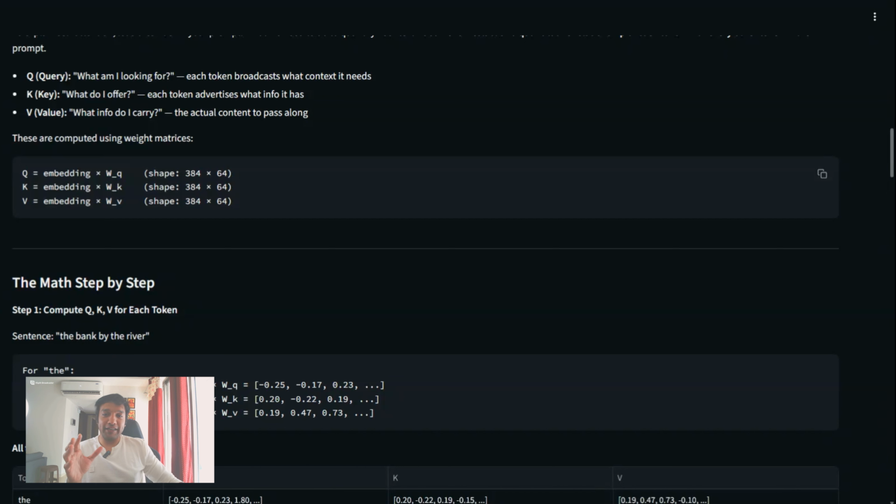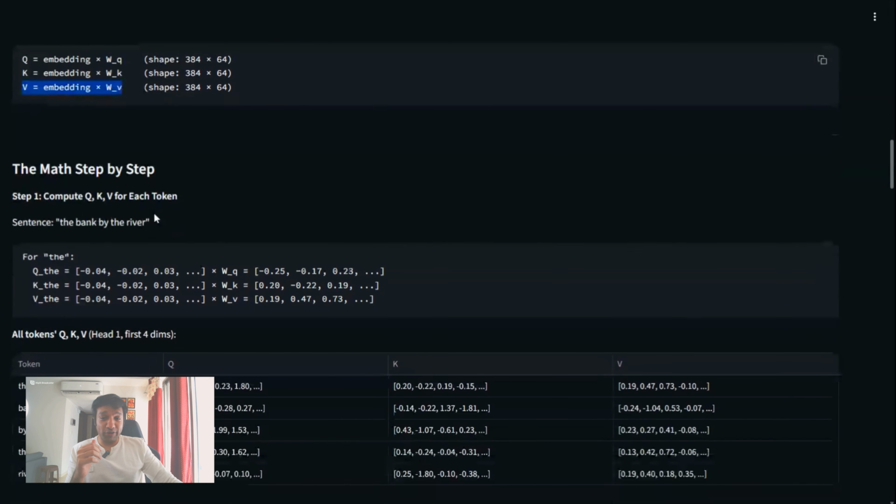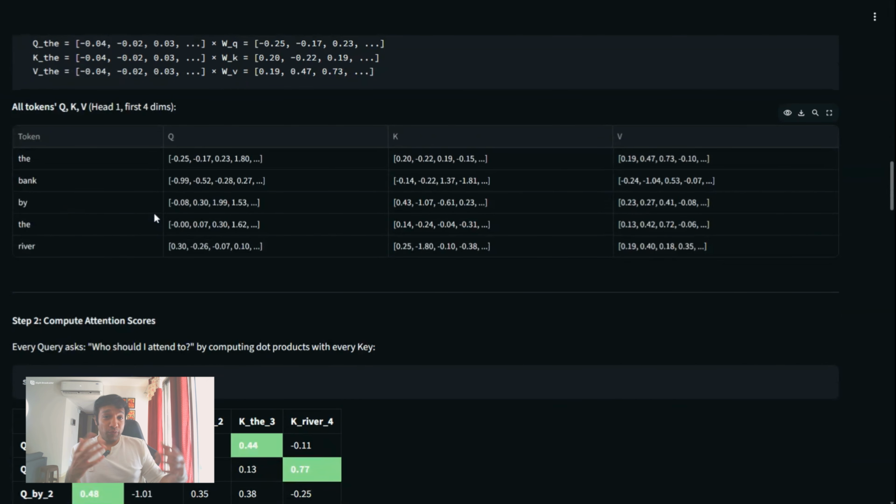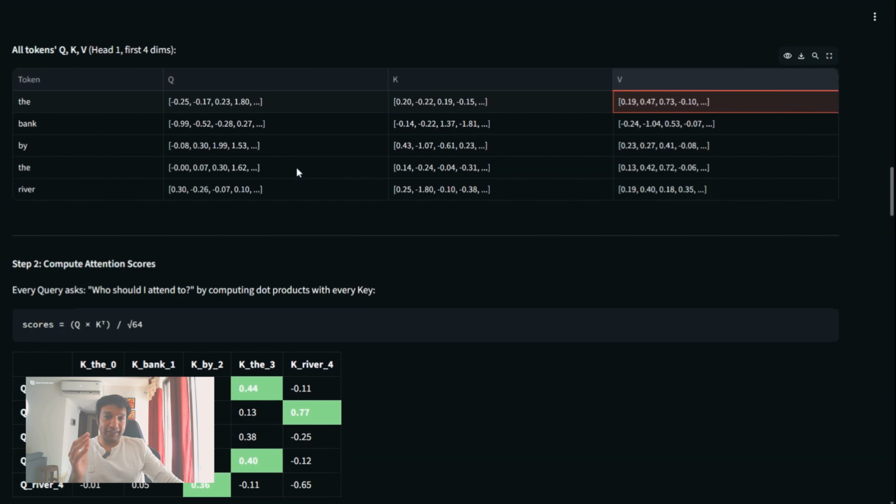For this LLM, every LLM will have one WQ, one WK, and one WV matrix. To get a Q value, we multiply the embedding with WQ, K with WK, and V with the embedding into WV. This returns new vectors. Every token now gets its own Q, K, and V vectors.